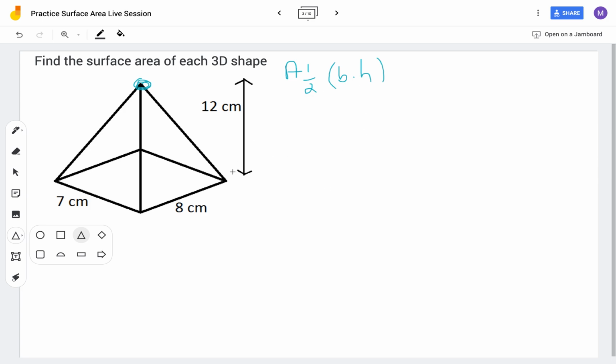So we have 4. It's hard to see on here, but the way I know that is because the base has 4. So there's 4 triangles. Because there's a triangle coming off of this side, a triangle coming off of this side, a triangle coming off of this side, and a triangle coming off of that side.